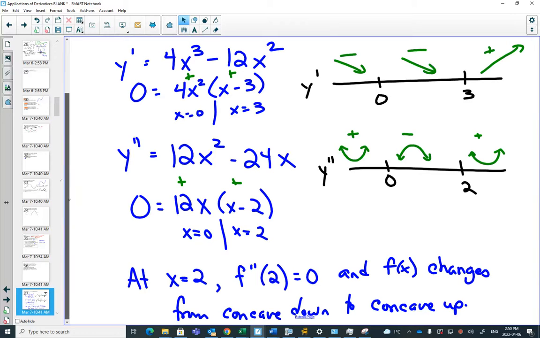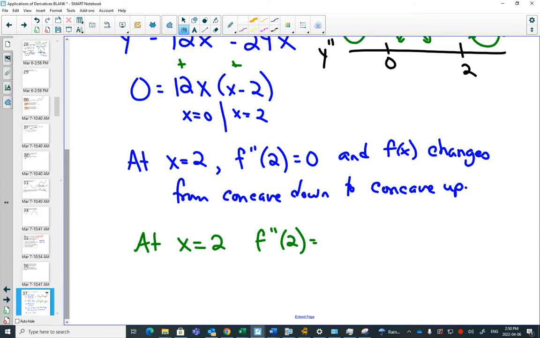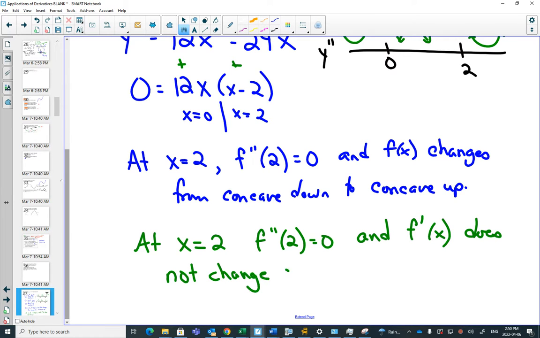So the second way to show that it is an inflection point, and the least common way to show that it's an inflection point, is at x equals 2, f double prime of 2 is equal to 0, and f prime of x does not change sign at that point. Doesn't change from positive to negative.